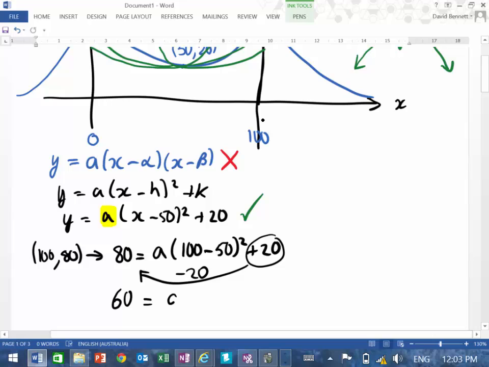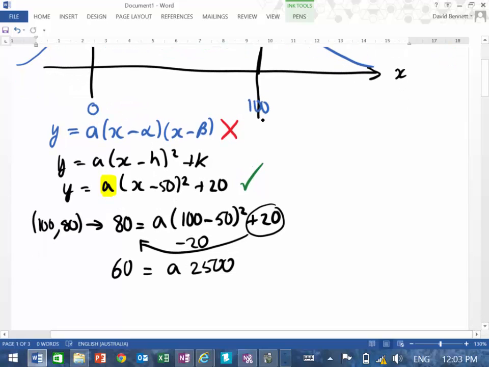equals A times (100 take 50) squared. Now 100 take 50 is what? 50. 50 squared is going to be 2,500. So therefore, in this case, A is going to be equal to 60 divided by 2,500. Cross the zeros off.